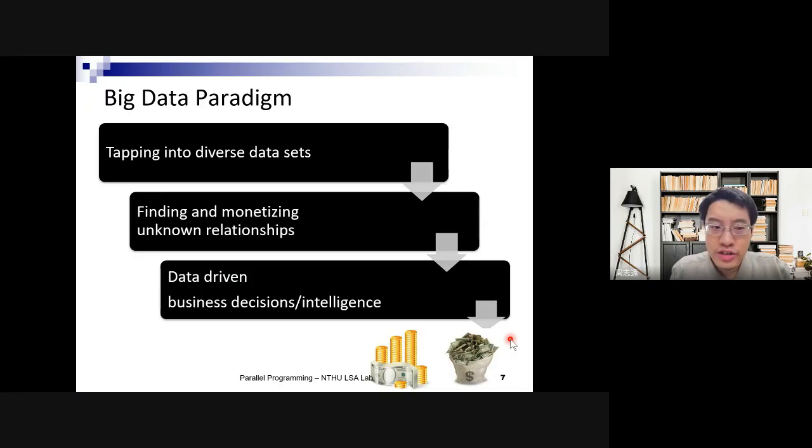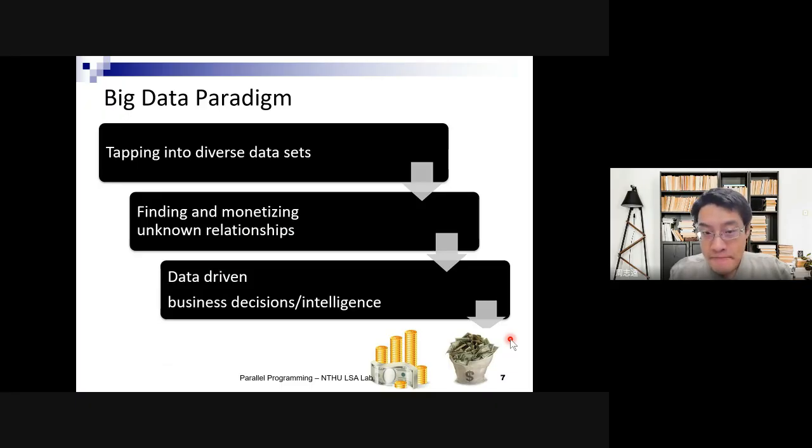The first is to tap into diverse data sets so that we can collect more data from more sources, and then analyze or fuse those data together in order to explore relationships.